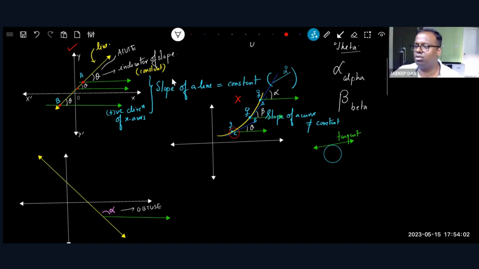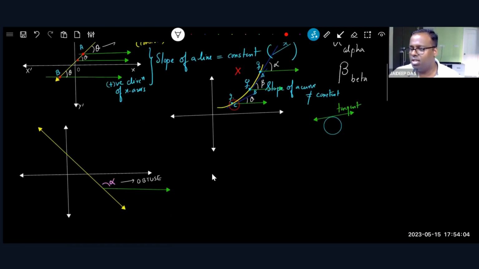Thus, our first conclusion has already come. If theta is acute, it means theta is greater than 0 degree and less than 90 degree. Then only I call it acute. I hope you're able to follow this relation. My conclusion will be slope is positive.